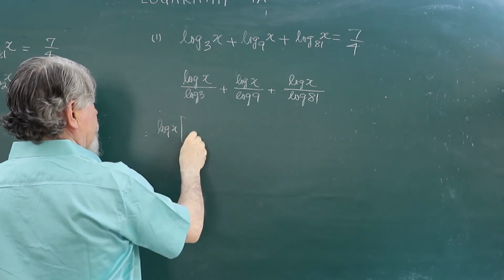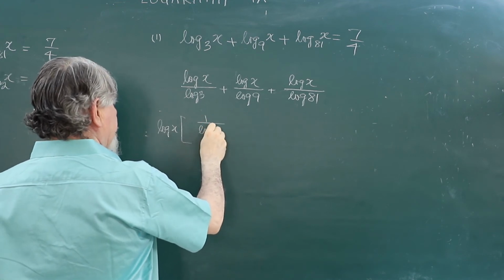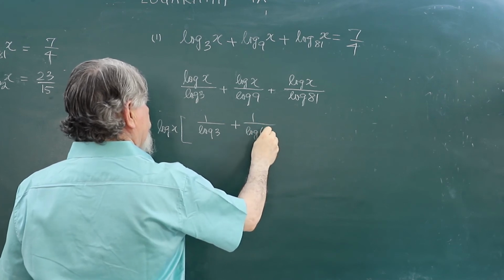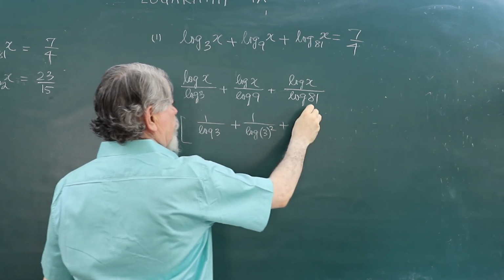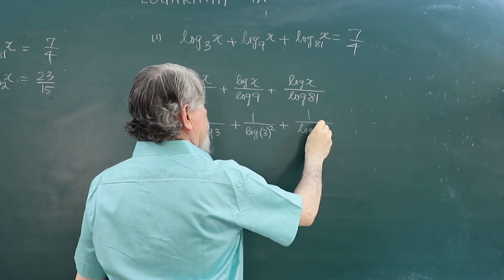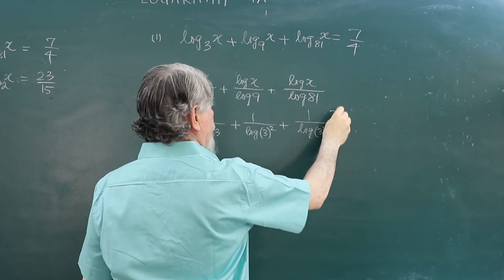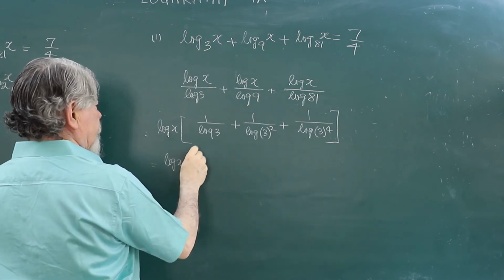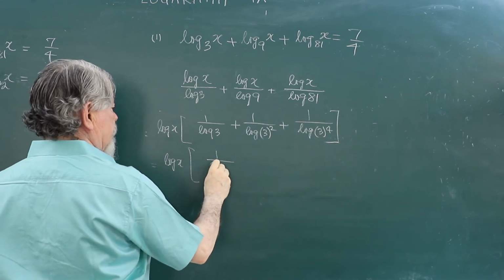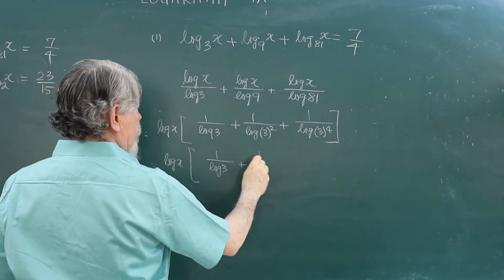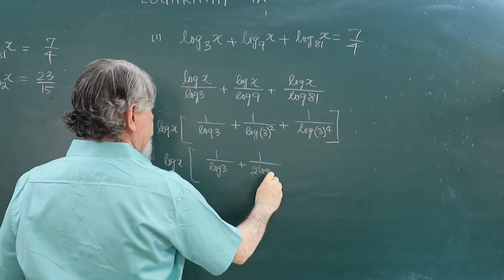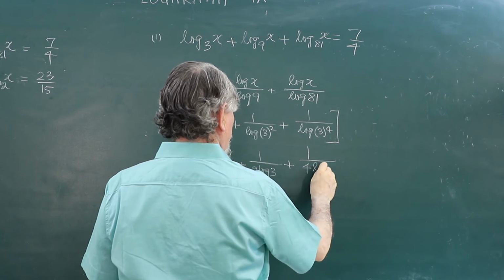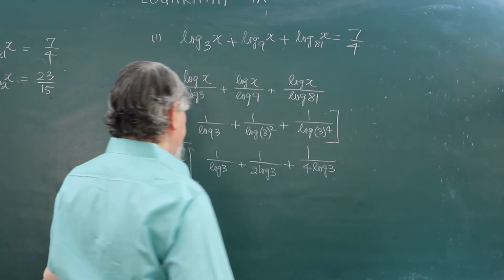Log x is common. 1 upon log 3 plus 1 upon log 3 to the power 2 plus 1 upon log 3 to the power 4. So it will become log x, and this is 1 upon log 3 plus 1 upon 2 log 3 plus 1 upon 4 log 3.